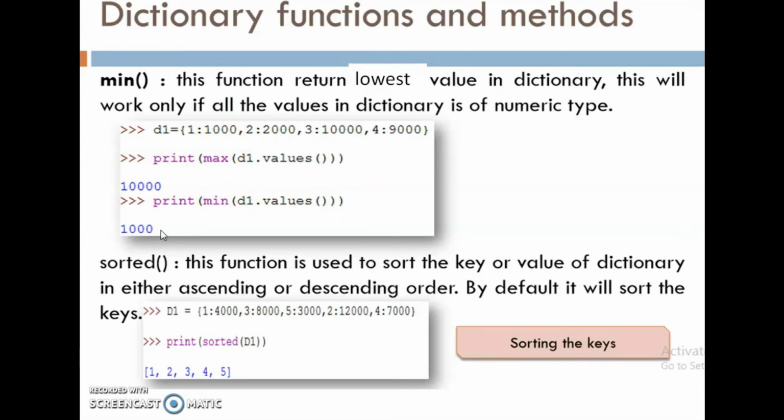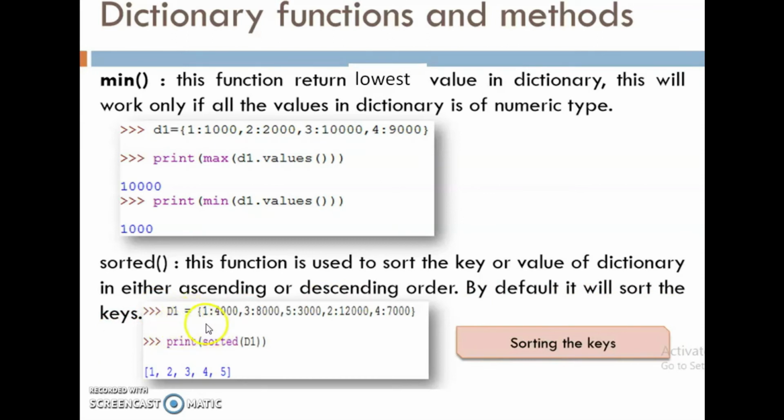Okay, clear? Next one, sorted function. This function is used to sort the keys or values of a dictionary in either ascending or descending order. By default, the sorted function sorts the keys.